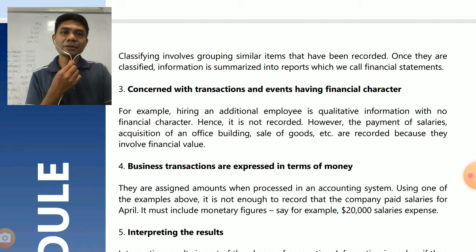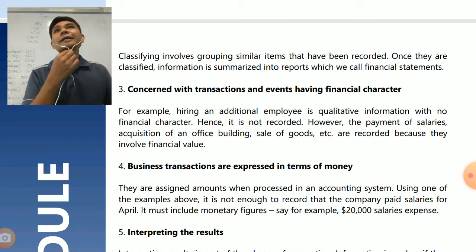Is that a business transaction? For example, si Pablo tag-iya sa usa ka merchandising business, mipalit siya og bag-ong car para sa iyang kaugalingon. Is that a business transaction? Siyempre, dili. Kay wala man naapektuhan ang finances sa iyang business. Iya ra na kaugalingon. So that's a personal transaction, not a business transaction.